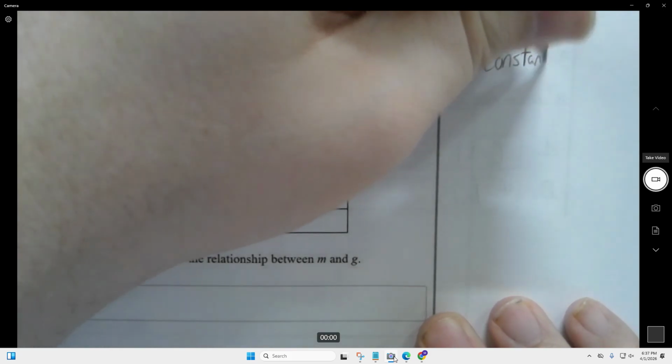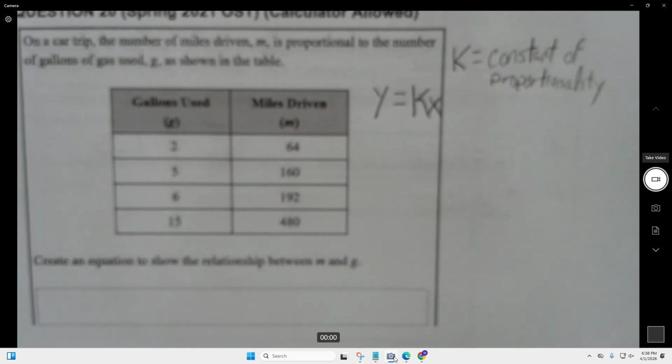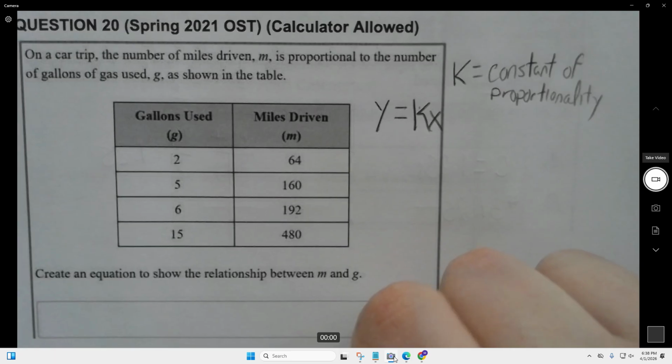Your equation will always be y equals K times x. Now, it's not always going to be y and x, because sometimes they give you the variables to use.